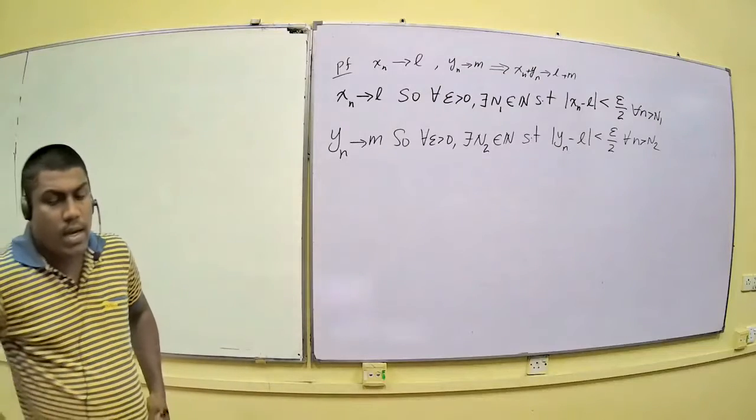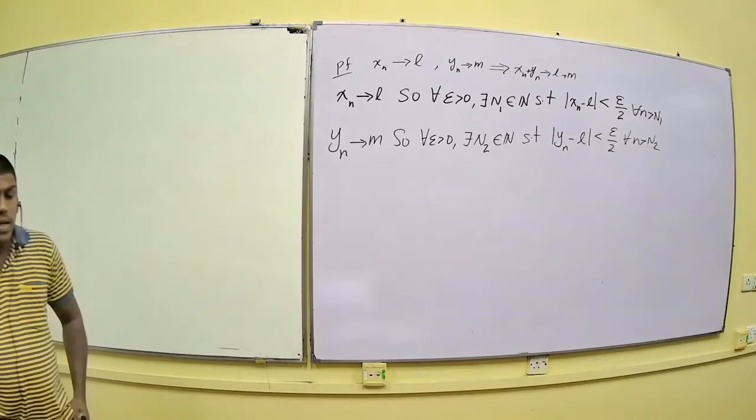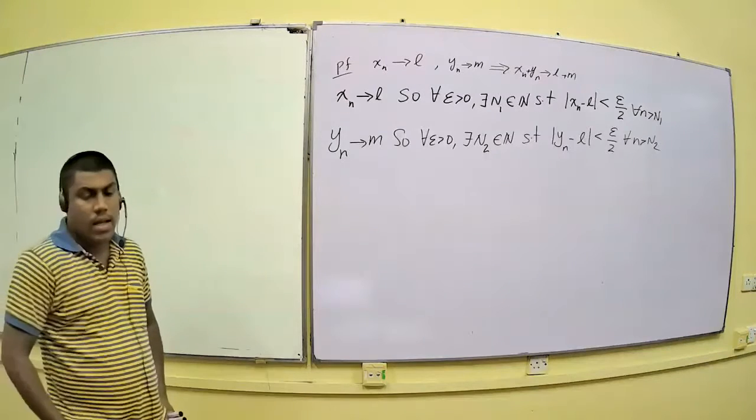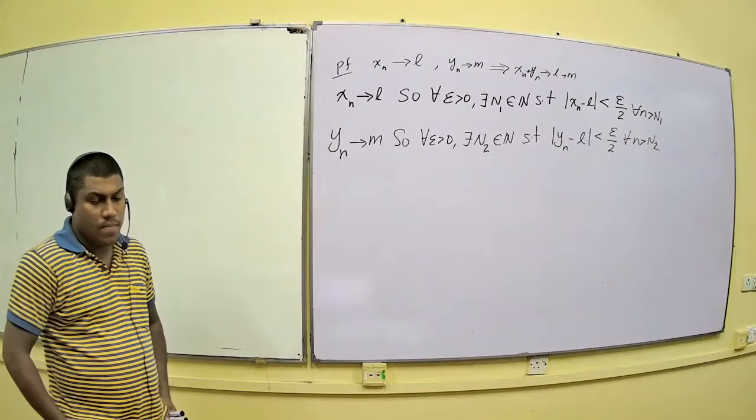So you write down the epsilon interpretation of that limit.